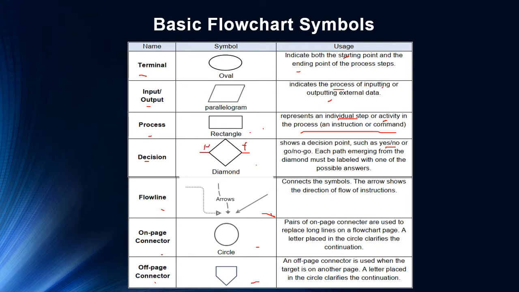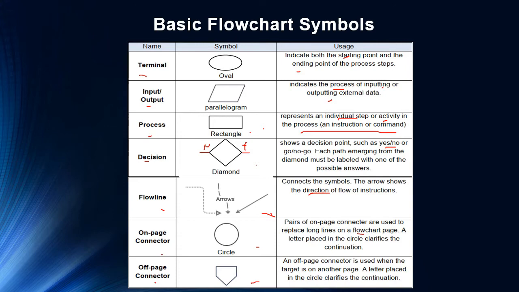Flow line or arrows connect the symbols, and the arrow shows the direction of the flow of instructions. On-page connectors or circles are used in pairs to replace long lines on a flowchart page.